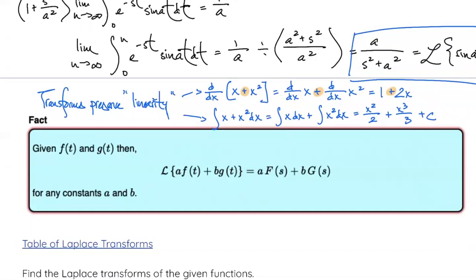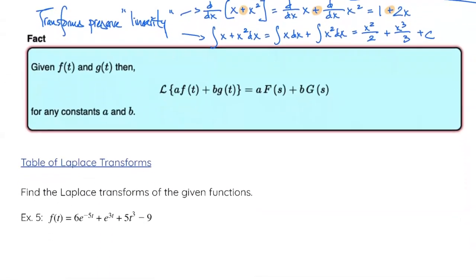So derivatives and integrals are transforms, and transforms have a special property called linearity. Maybe that was something that you remember from linear algebra, but this linearity basically means that you can add and subtract and multiply constants without that having to be a big deal.